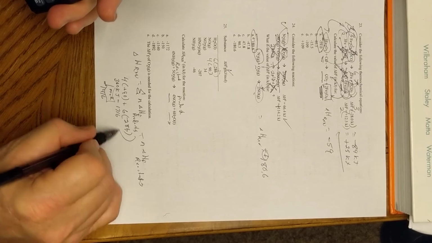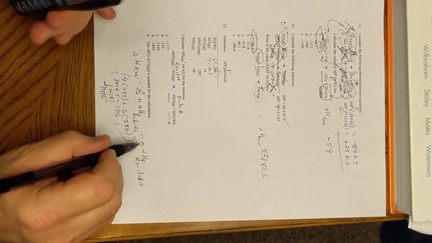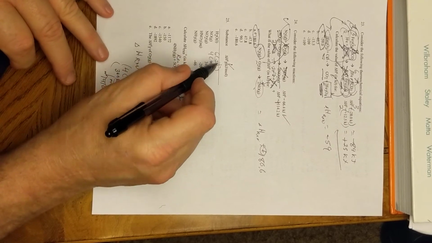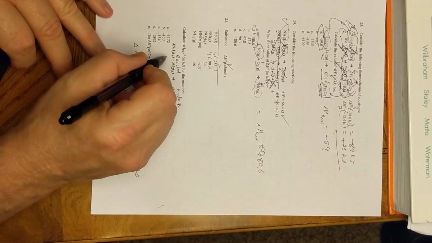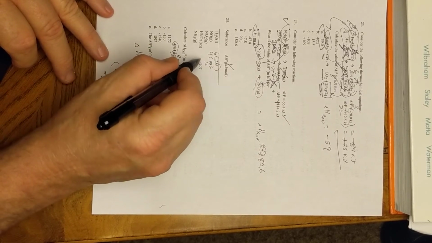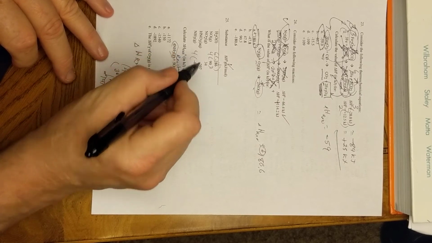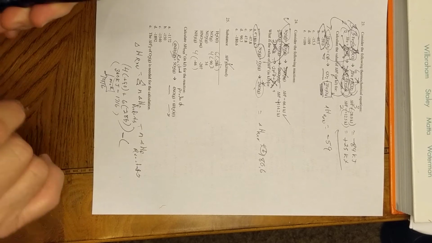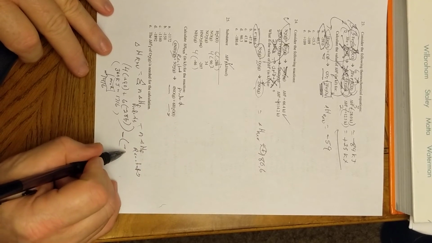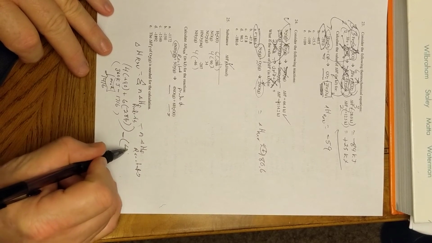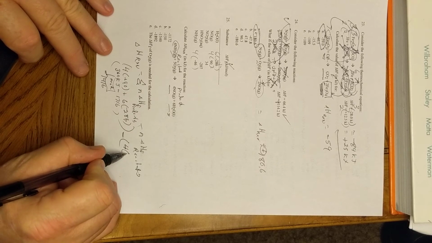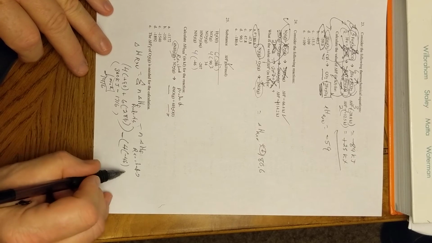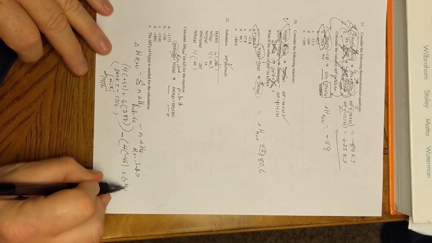Now let's do the reactants. Minus, the reactants are NH3, so ammonia is times 4. So you got 4 times negative 46 and plus 0.